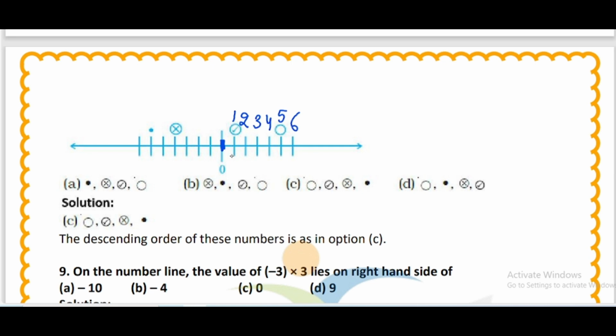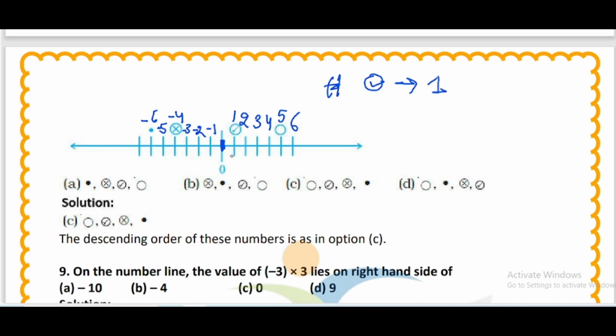Same as when we move left of 0, it shows negative integers: minus 1, minus 2, minus 3, minus 4, minus 5 and minus 6. Let's see. The value of this symbol is plus 1.